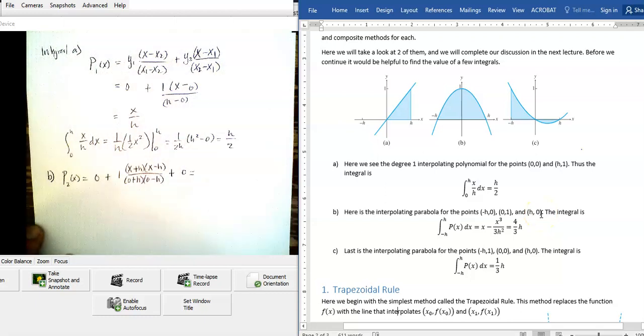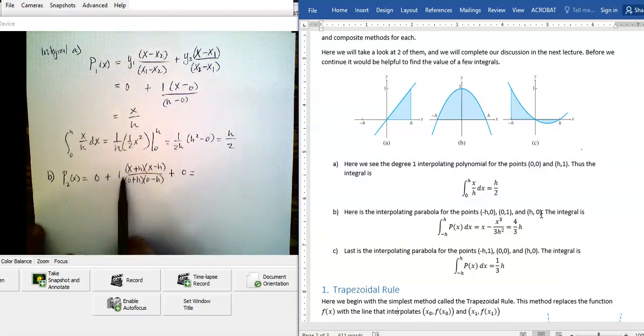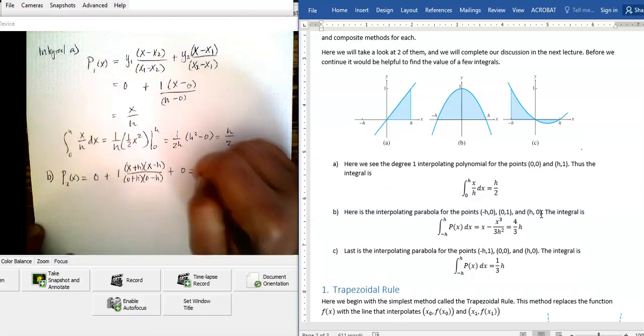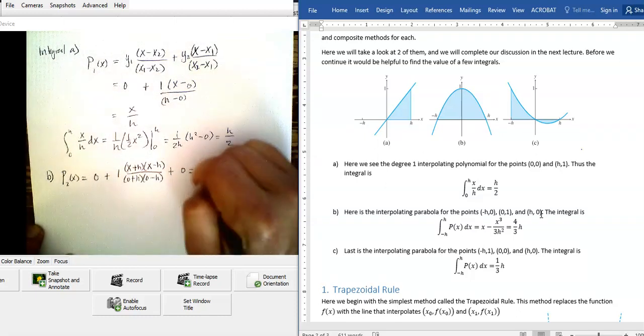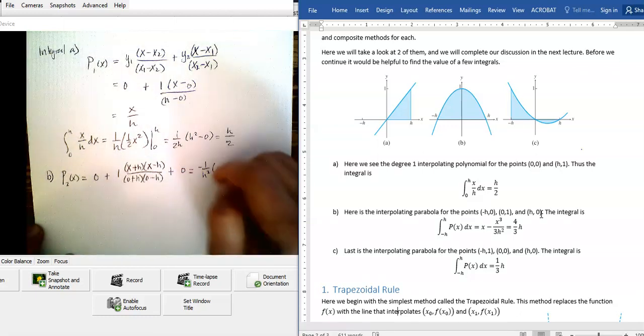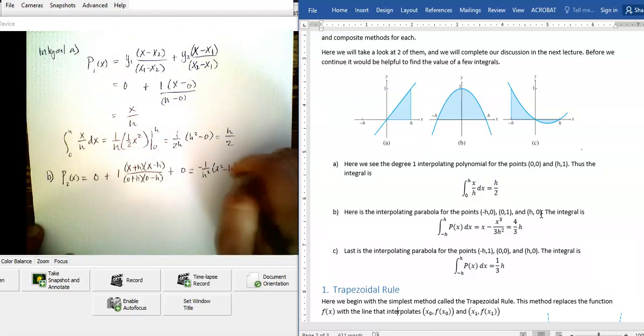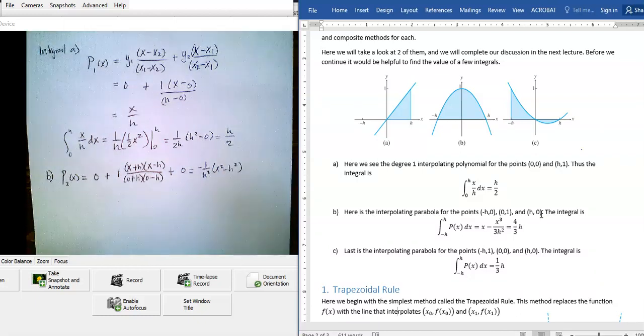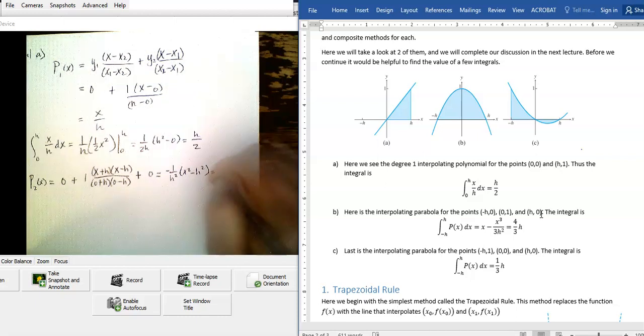So let's see what we get. Down at the bottom we'll have negative h squared, so negative 1 over h squared, times the top, which is a difference of squares, x squared minus h squared. Or negative x squared over h squared plus 1.